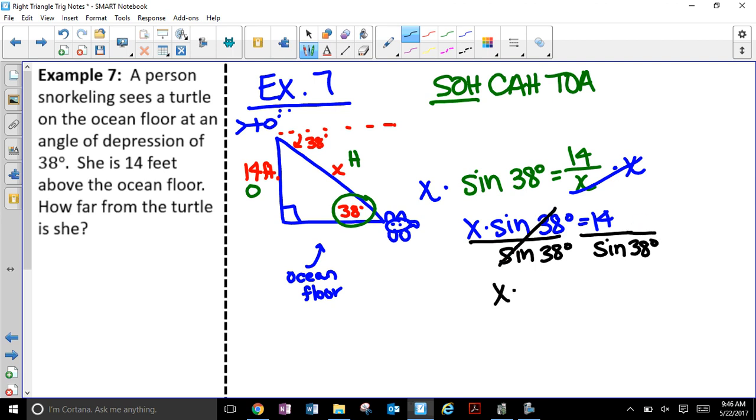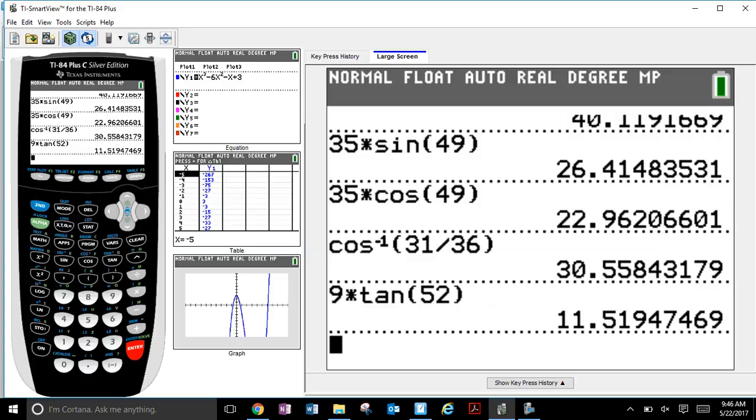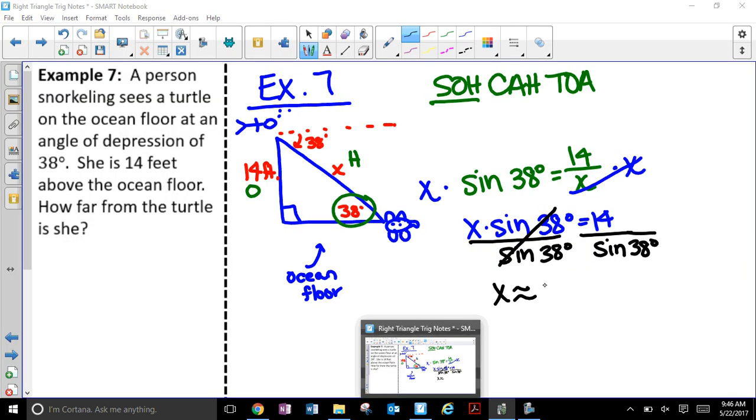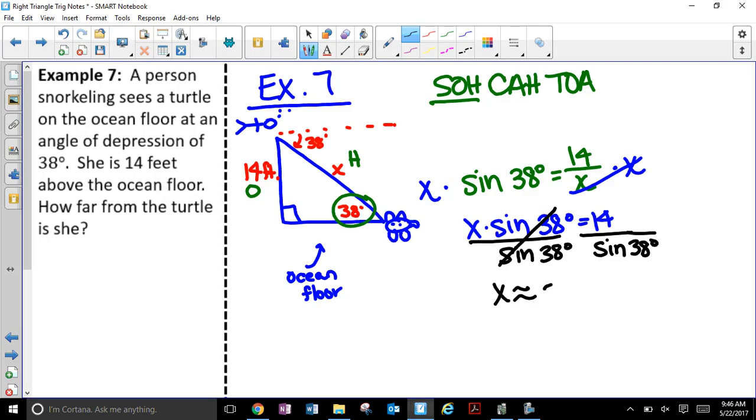Okay, so then 14 divided by sine of 38 degrees is about 22.7. So she's about 22.7 feet from the sea turtle.